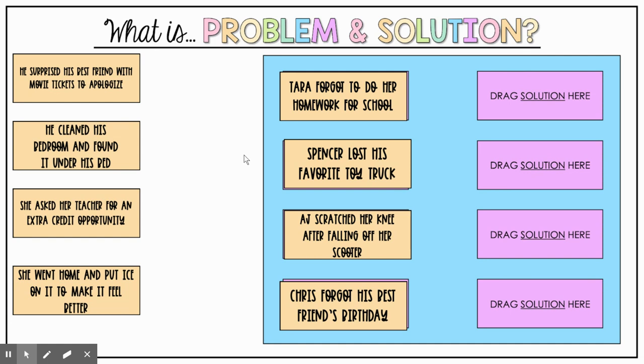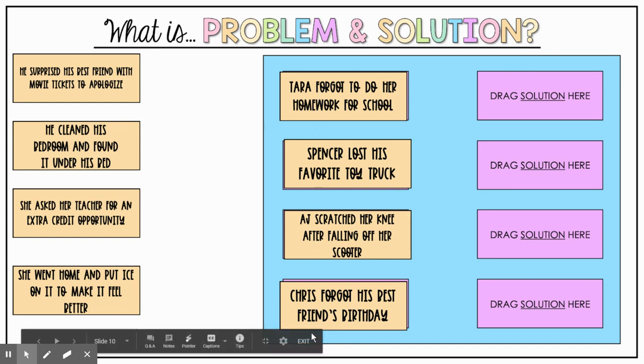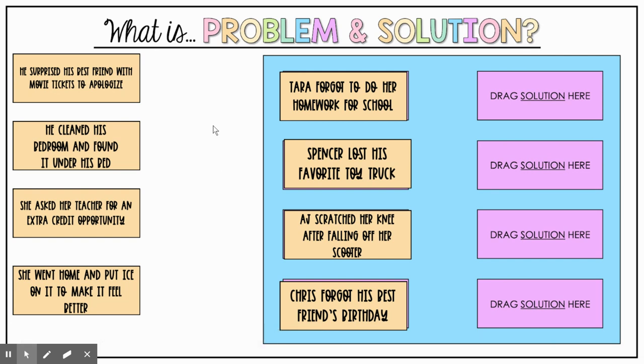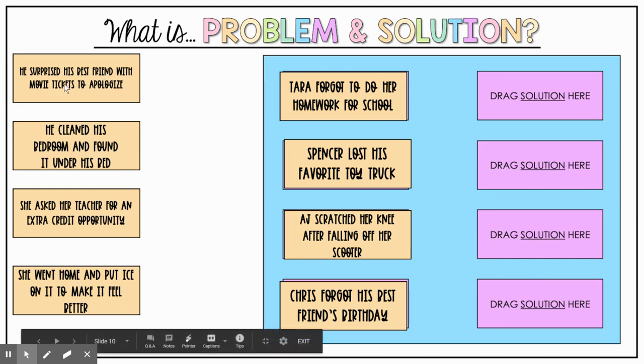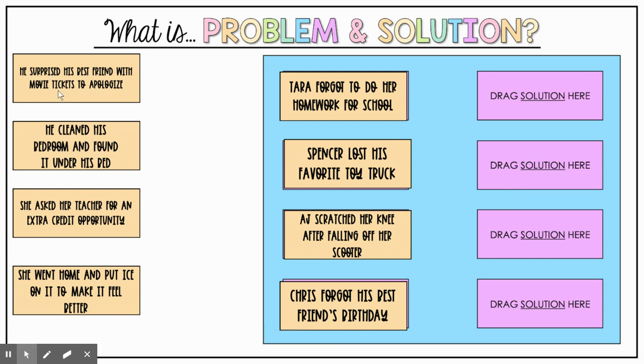Okay, let's look at these. I've got the problems already listed out here, and then I'm going to drag the solution over to where it belongs, okay? So our first problem is that Tara forgot to do her homework for school. Okay, so that is the problem. Let's look at our choices for solutions over here. He surprised his best friend with movie tickets to apologize.